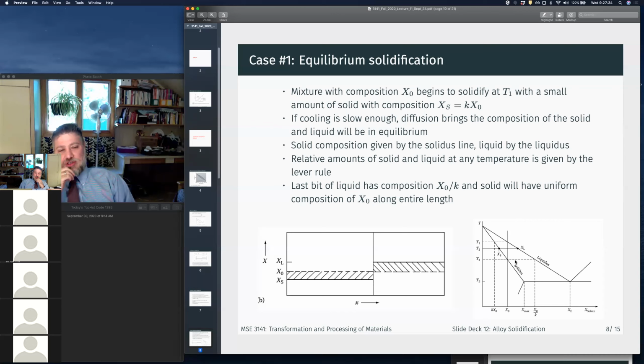So essentially, if we didn't do this infinitely slowly, our composition would build up in the liquid and we would end up with a eutectic composition out here, which we'll see in the next case. But here we're saying we have enough time that everything diffuses and everything stays uniform. There's always a step function in composition at the interface, but it's always homogeneous before and after the interface. Okay?